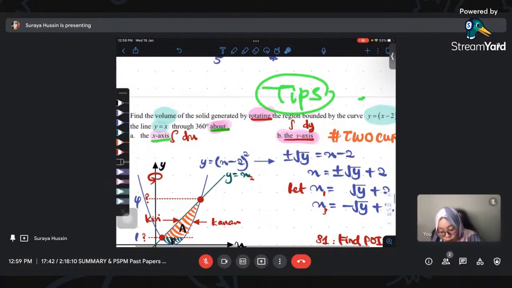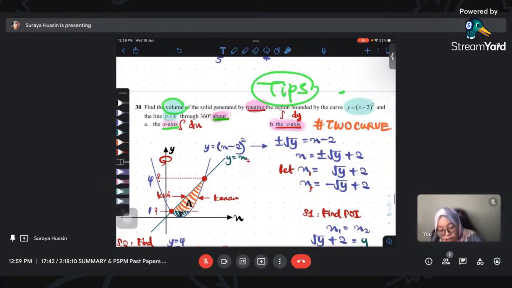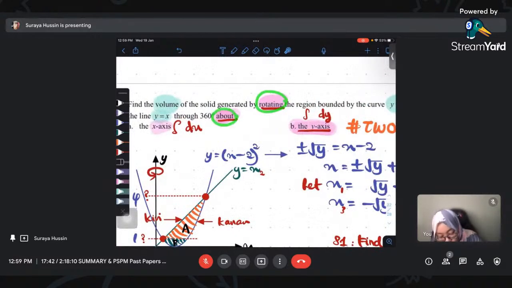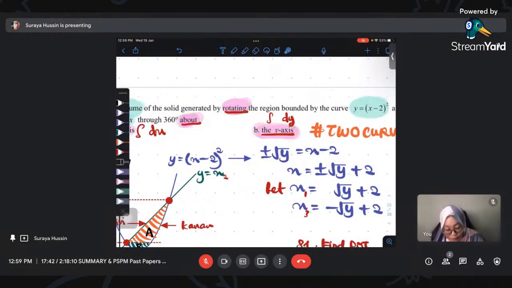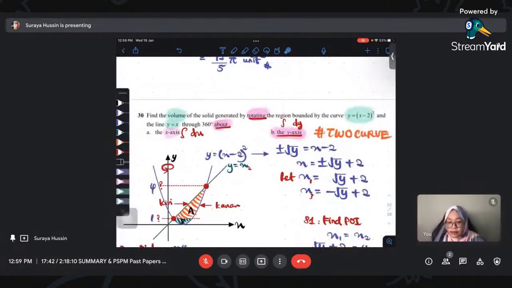Whenever you see volume, whenever you see rotating about, keyword yang saya highlight ni je. Rotating about y-axis bermaksud volume dia mesti ada integral yang dy. Dy sahaja, sebab dia yang kata rotate pada y-axis. So kita kena fokus with respect to y only. That's the tip. Itu memang confirm dah betul.